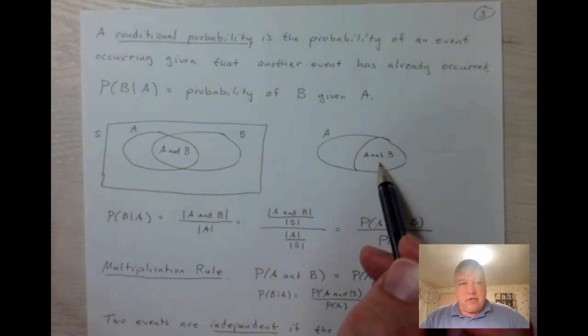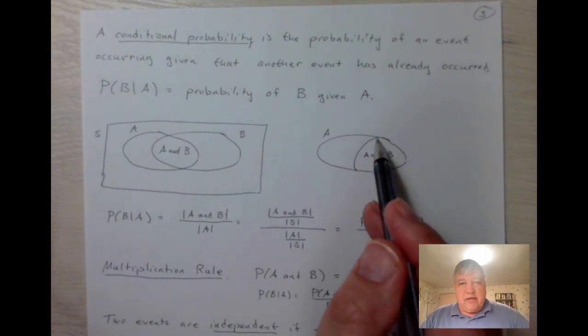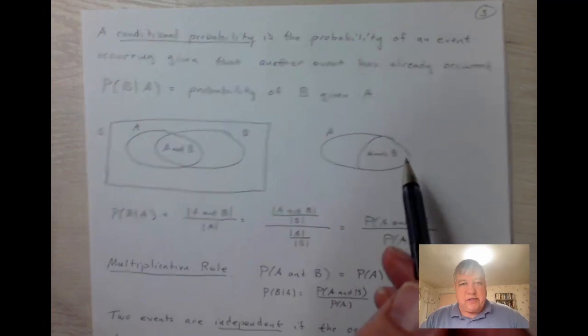So the conditional probability of B given A is really the number of outcomes in this set divided by the number of outcomes in this whole set.